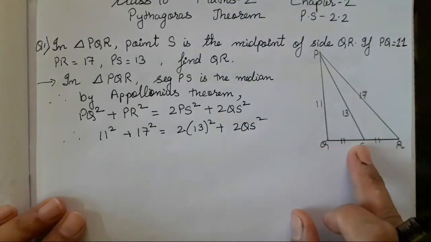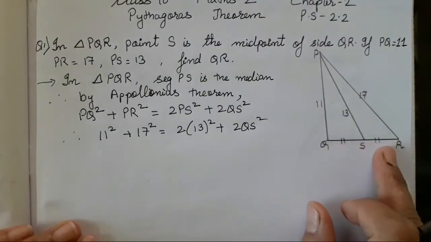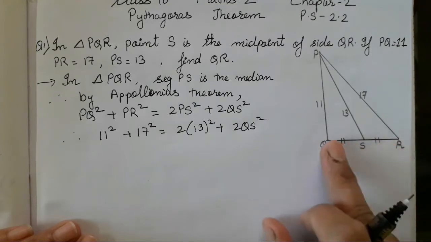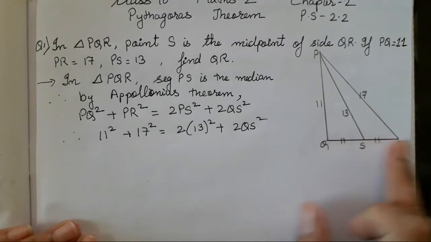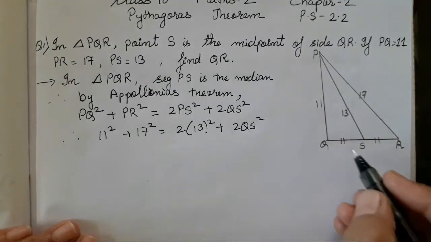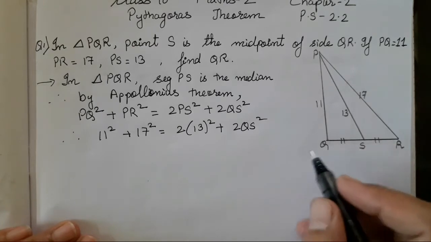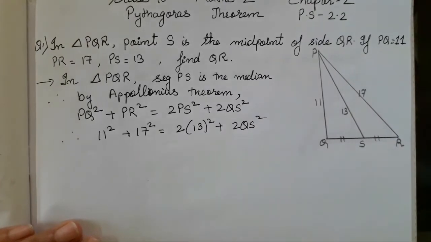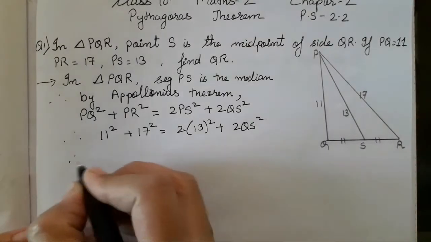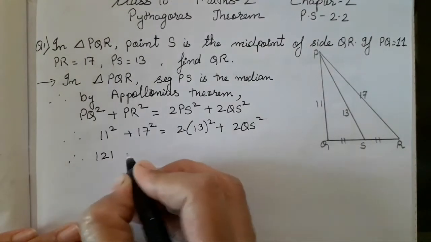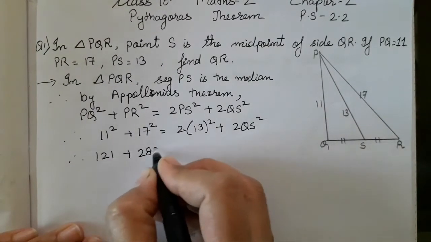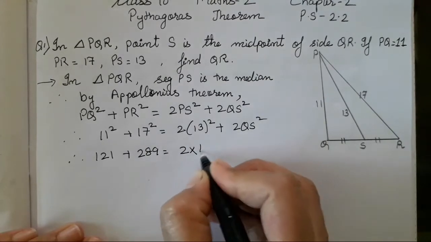If we find QS, SR is going to be the same because these two segments are divided into two equal parts. So if this is 2, this is also going to be 2 and the total is going to be 4. So 11 square is 121 plus 17 square is 289, is equal to 2 into 169.